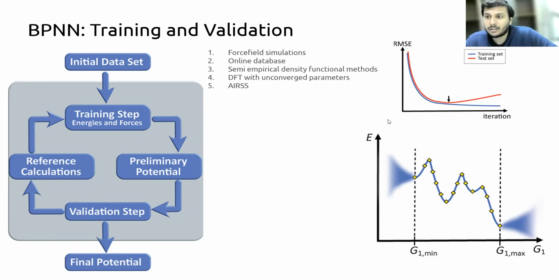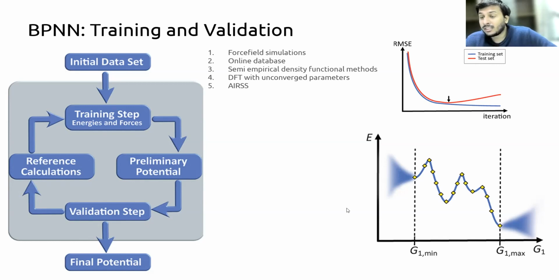But if you calculate your data set from low temperature simulations, you're likely to miss out on a lot of possible configurations. So it's always helpful to get your data set at more extreme conditions.